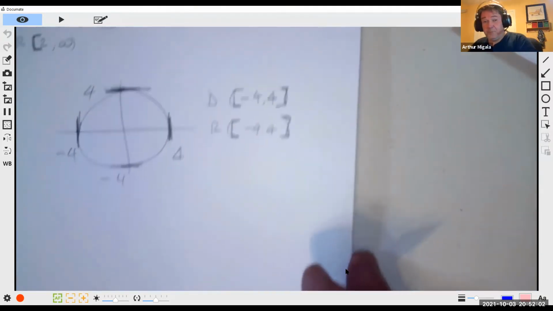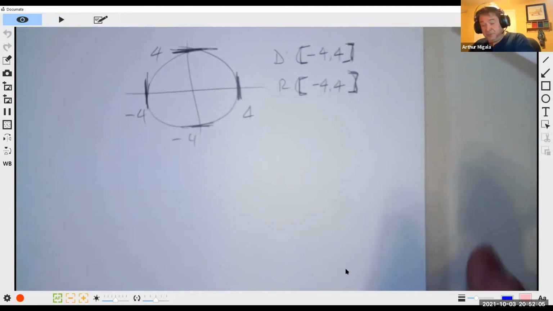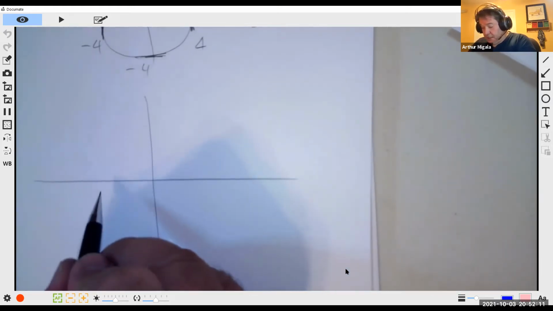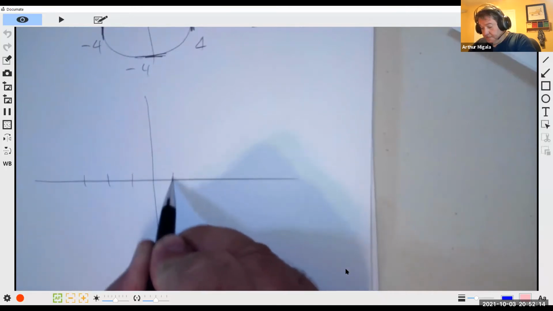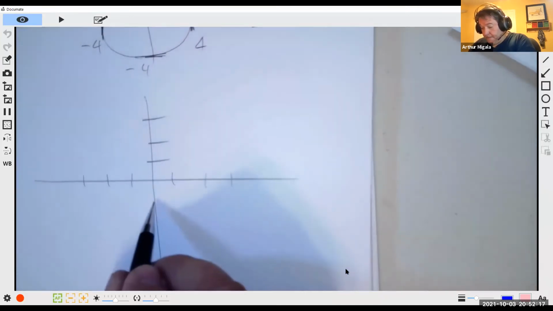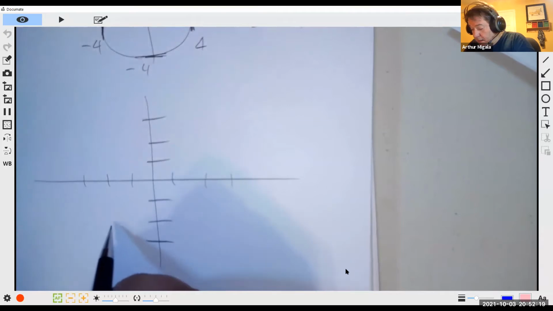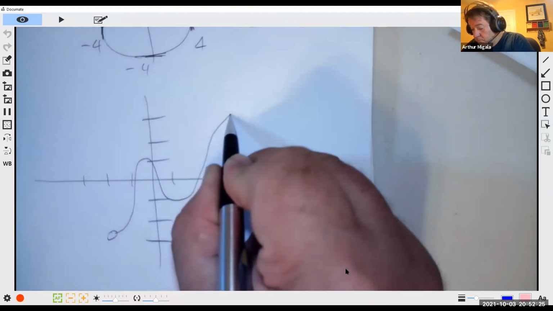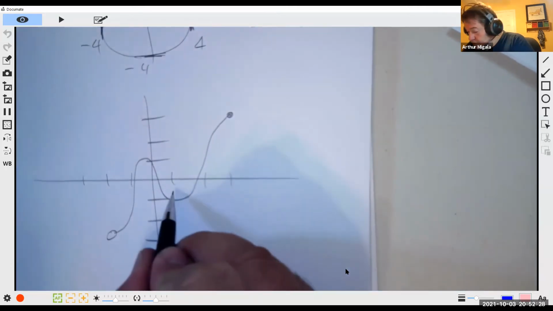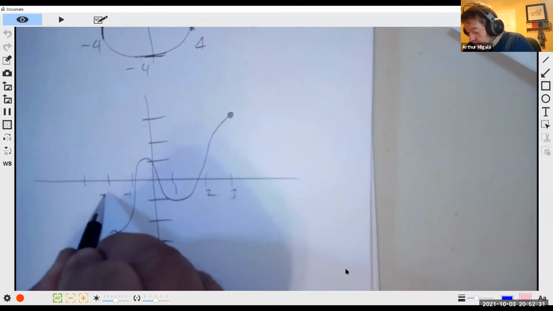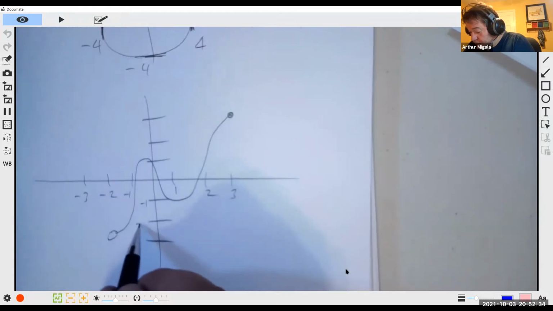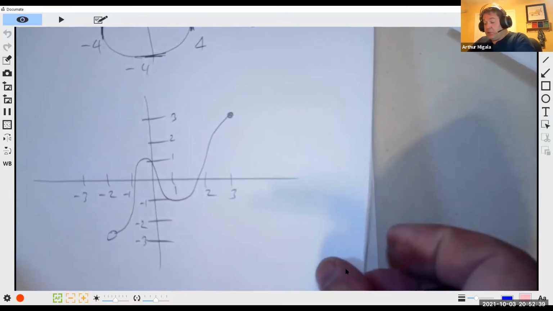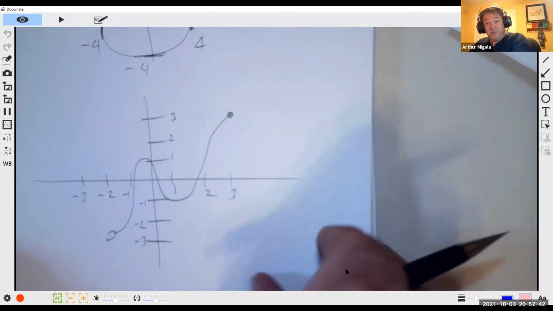Here's one way you could help yourself if you're looking at domains and ranges. If I give you a graph, I don't care what it looks like, to look at the domain, remember domain's the x-axis, right?